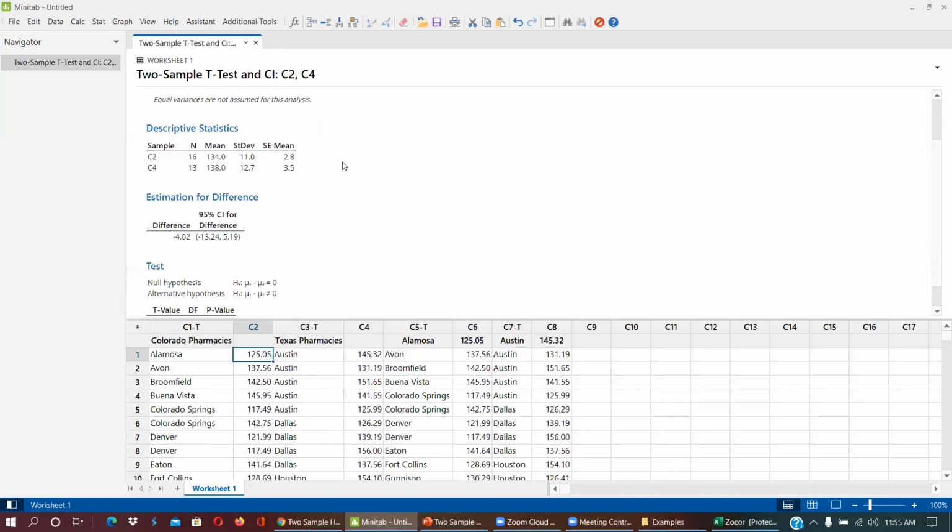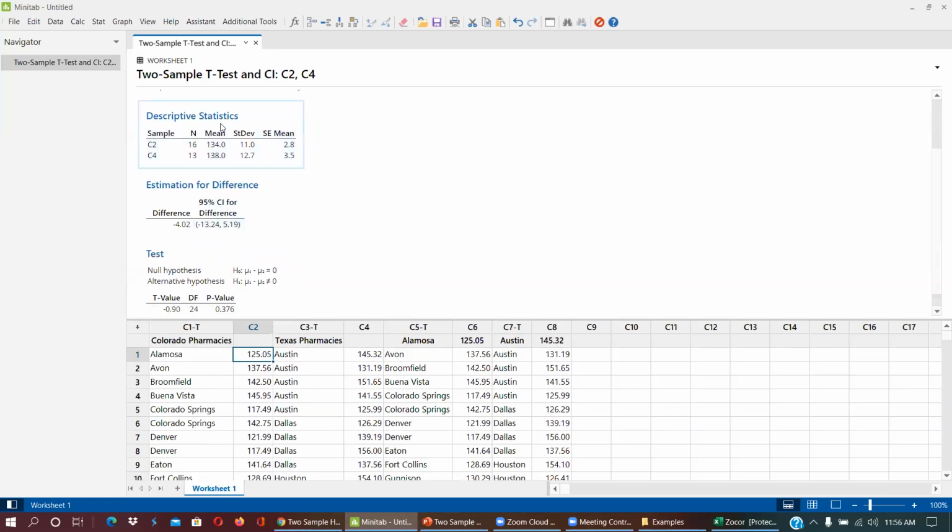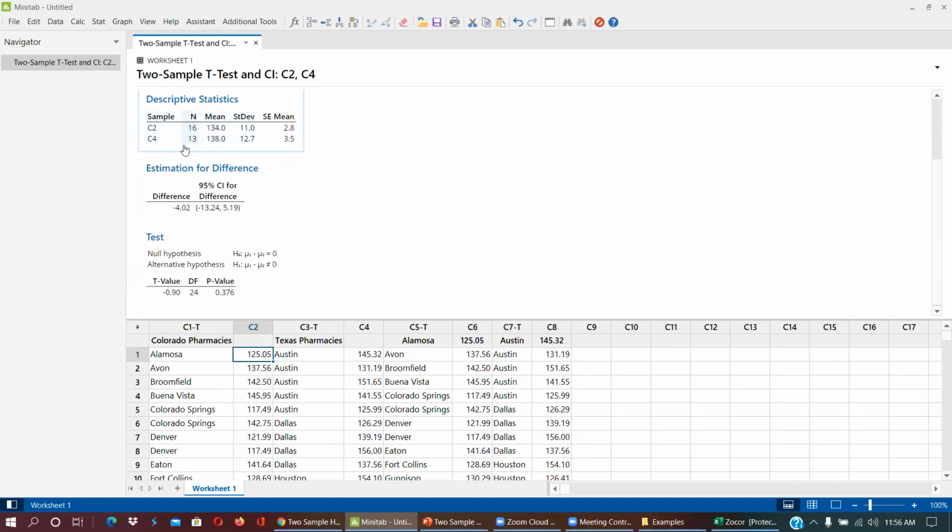So you can see these are the descriptive statistics. Now look at the difference, mu1 minus mu2. What is the alternative hypothesis? Mu1 minus mu2 is not 0. So basically this is the alternative hypothesis.